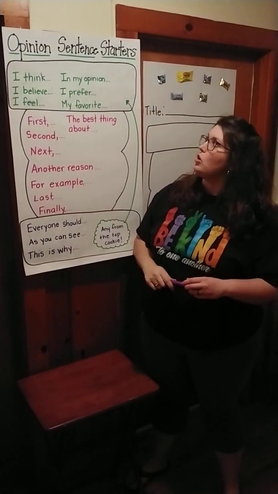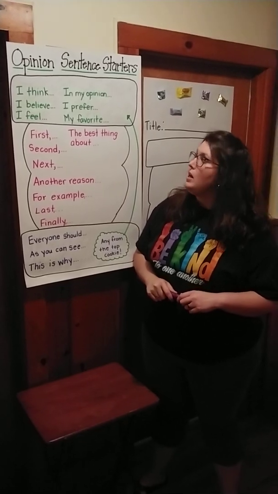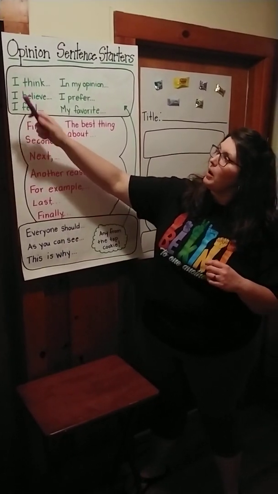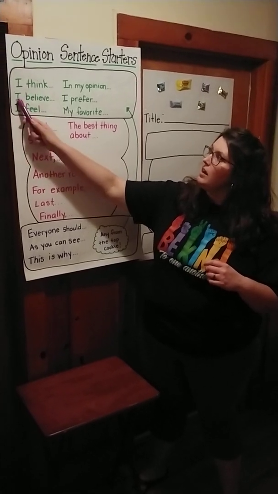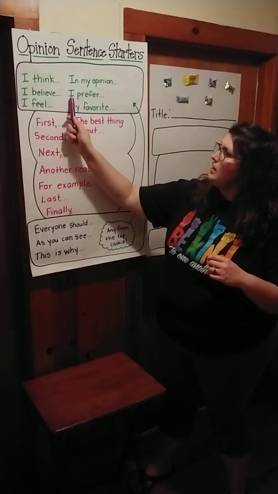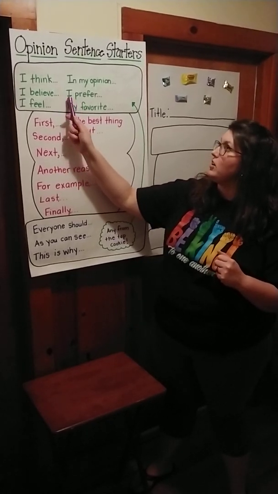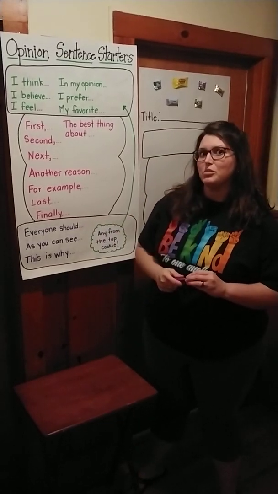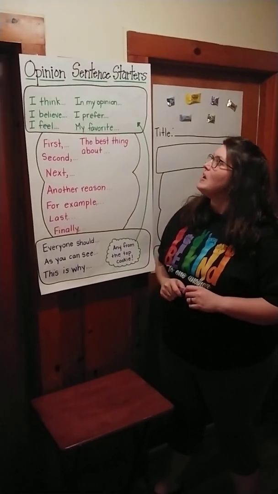Whenever you start your sentences at the top, you want to start with your opinion, what you think. And so you might want to say something like, I think, I believe, I feel, in my opinion, I prefer, or my favorite. I prefer, that's really fancy. So if you want to really impress your readers, you might want to say, I prefer.